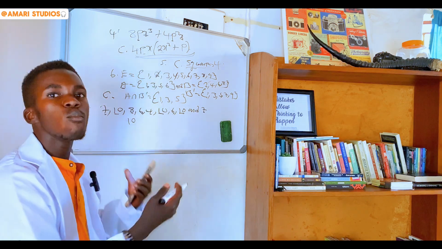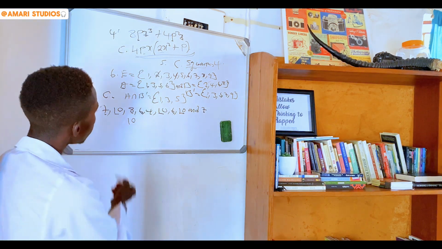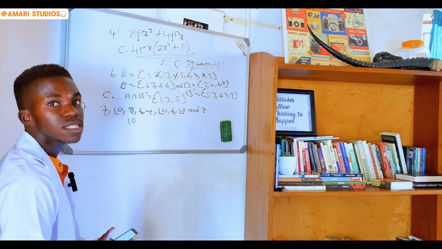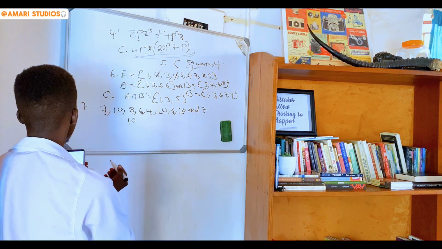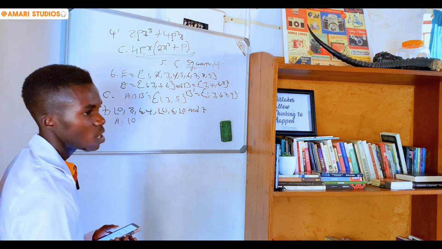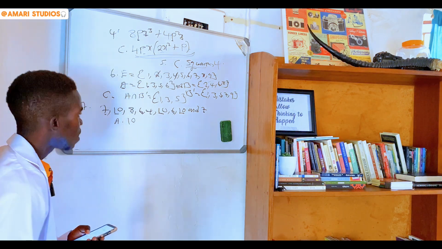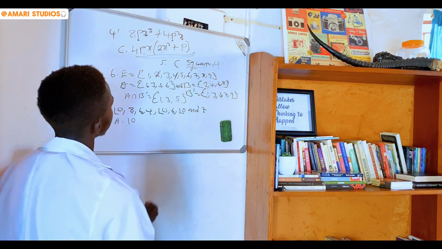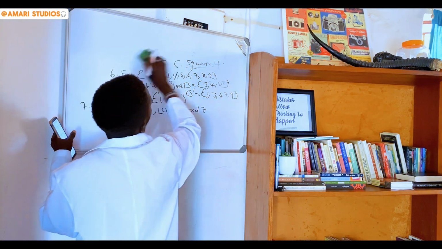In other words, a mode is the number that has the highest frequency. So 10 has the highest frequency. If you read your past paper, you can see that our final answer on the multiple choice was A. We move on to the next question.